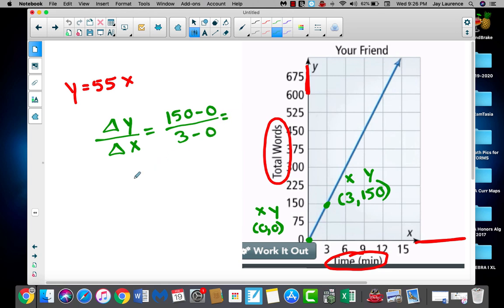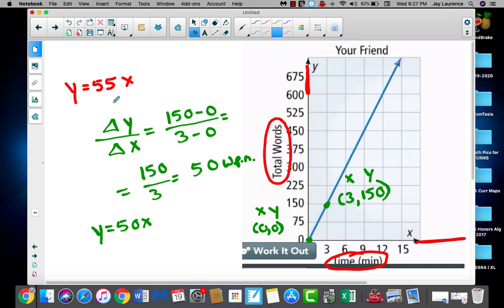Well, that gives me 150 over 3, and that goes in 50 times. 3 goes into 15 five times, and into 0 zero times. So my friend can type 50 words per minute. Their equation would be y equals 50x. So I can type 5 more words per minute.